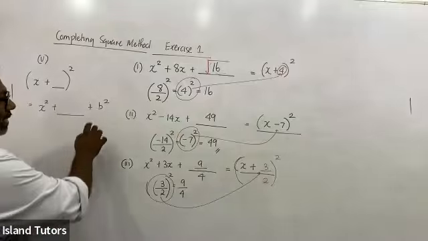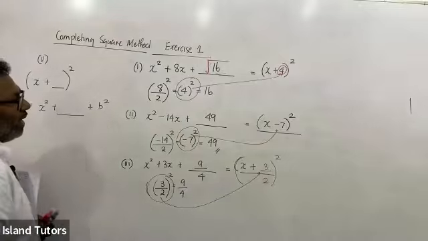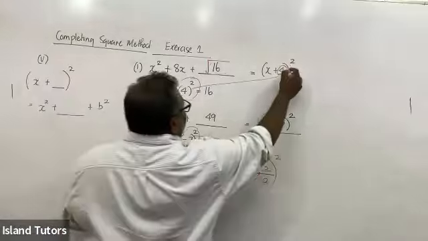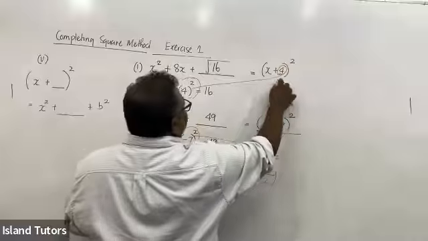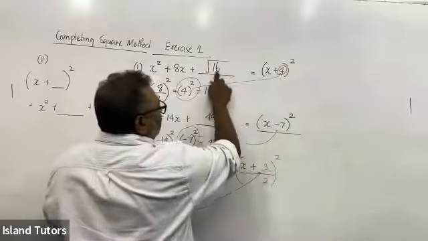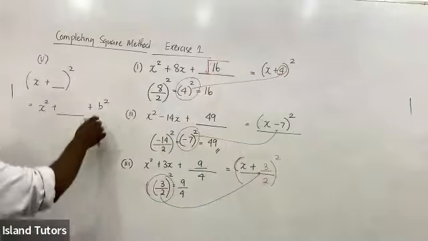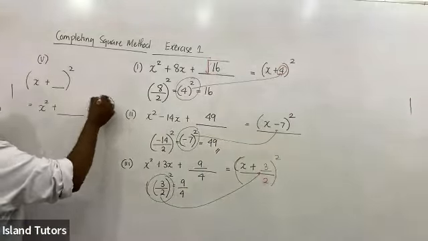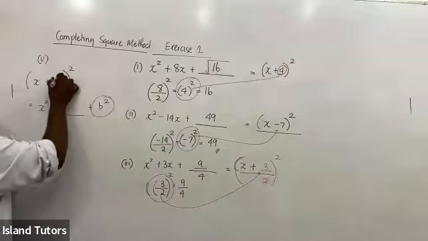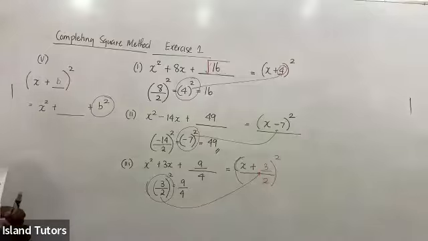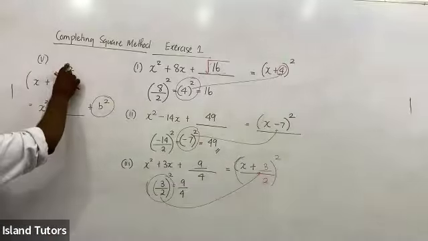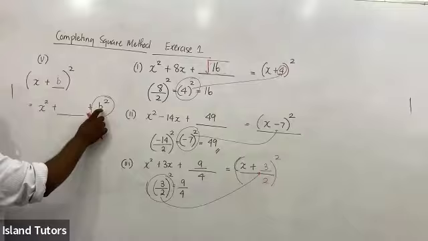But we know the last term, which is b squared. So this b squared, we can straight away fill into this. x squared, b squared.